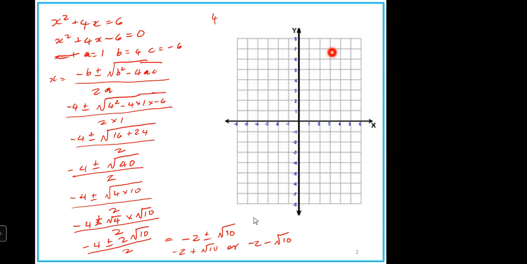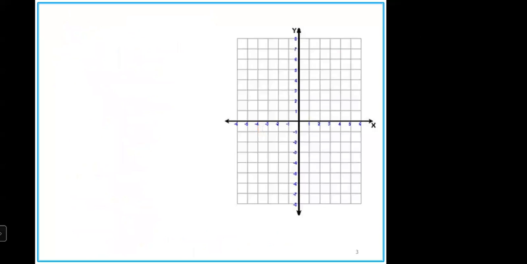So let me see now, number 63. That one was 6x squared minus 5x minus 6 equals 0. So in that case, we're going to rewrite.